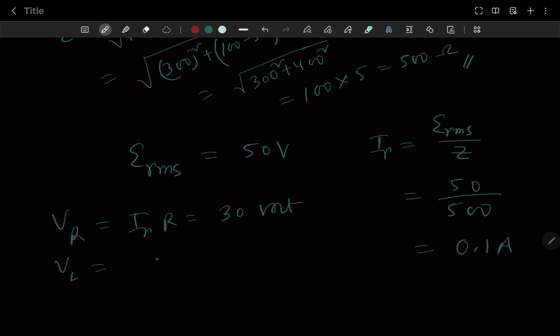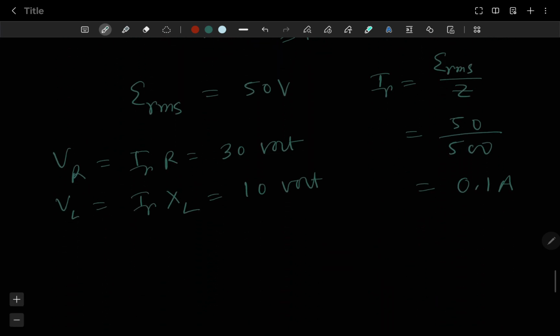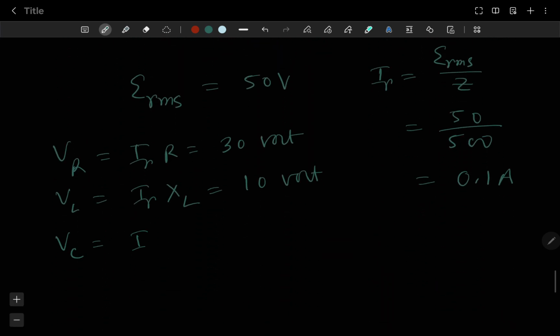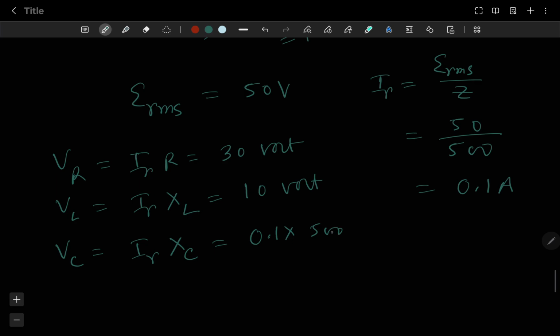The voltage across inductance will be IR into inductive reactance, so it will be 0.1 into 100, that is 10 volt, and VC will be IR into capacitive reactance, that is 500, right? So it is coming out to be 50 volt.